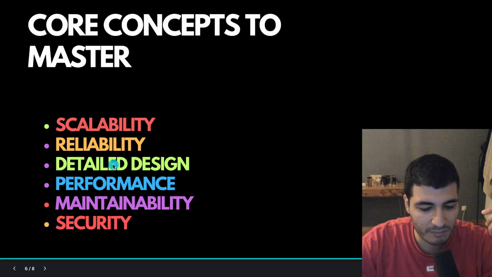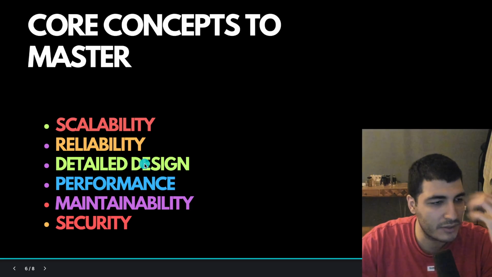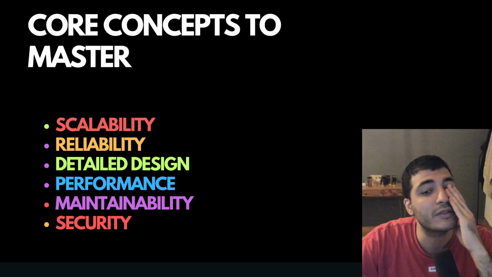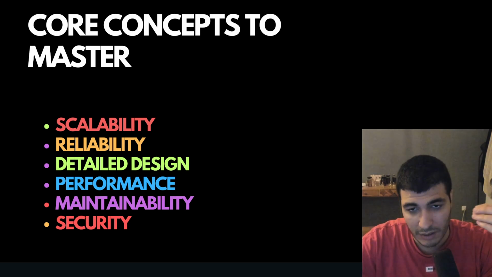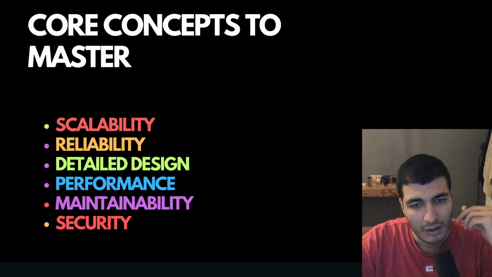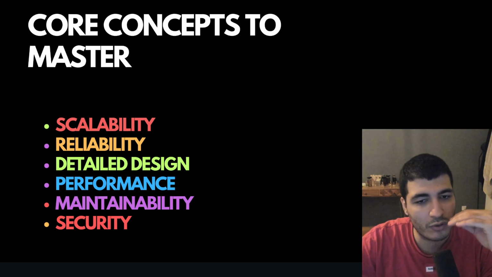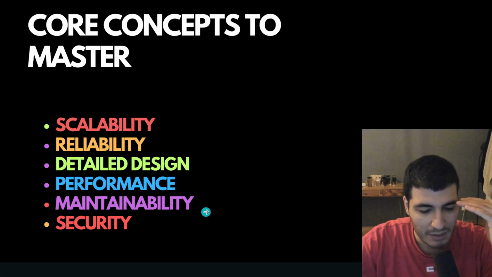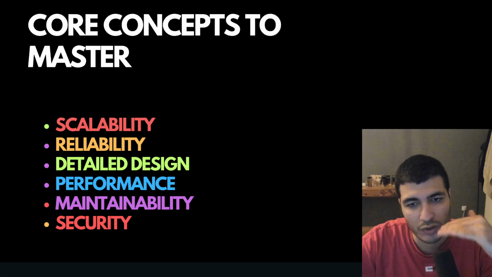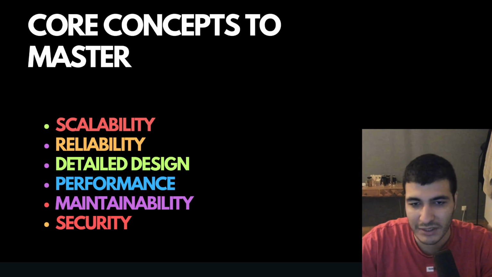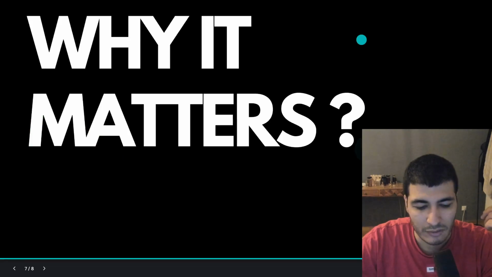Number three should be performance. Sorry, I made too many mistakes in this video. Is it fast and efficient under load? Number four, maintainability. Can others understand and extend it easily? And lastly, we have security. Is data safe and access controlled?